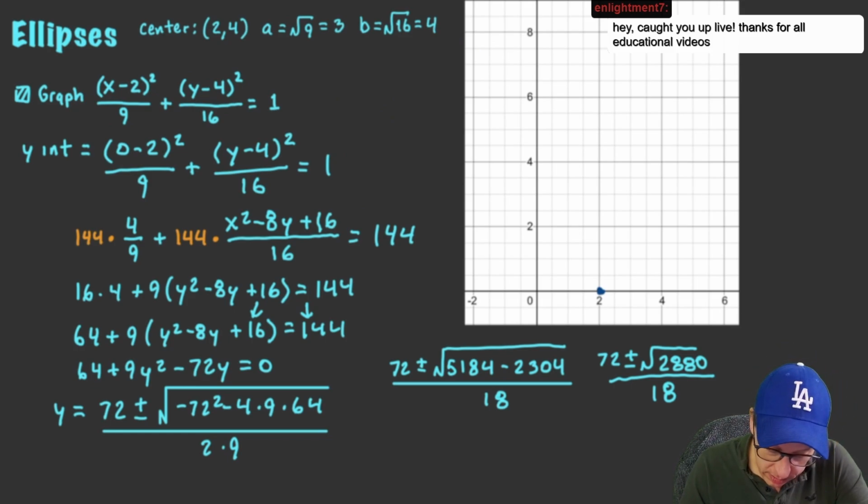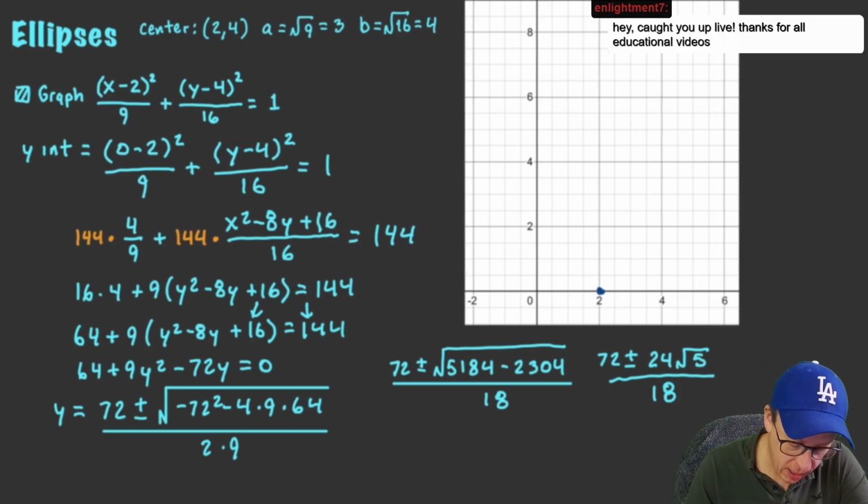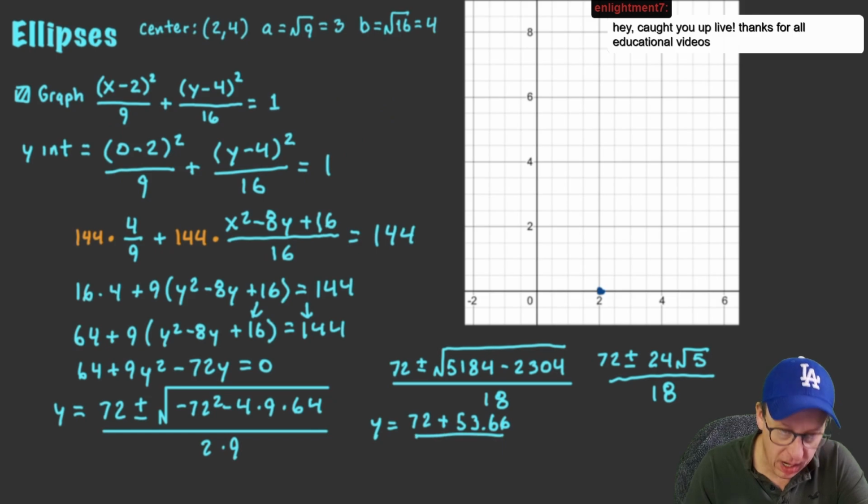So if we want to simplify this, this can be simplified down to 24 and the square root of 5 divided by 18. And so we know that the y-intercepts are going to be equal to 72 plus approximately 53.66 divided by 18. These numbers don't always work out perfectly, of course, and this is approximately equal to 6.98.